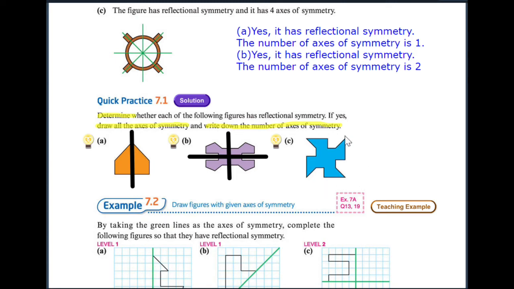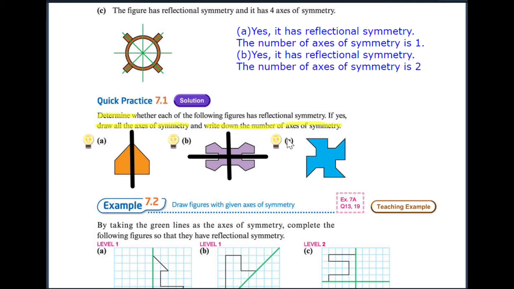And for part C this time, when you try to fold it, you still find out that any methods you try to fold it, you will have some space that is not really completely overlapped. So, in other words, it doesn't have any reflectional symmetry.